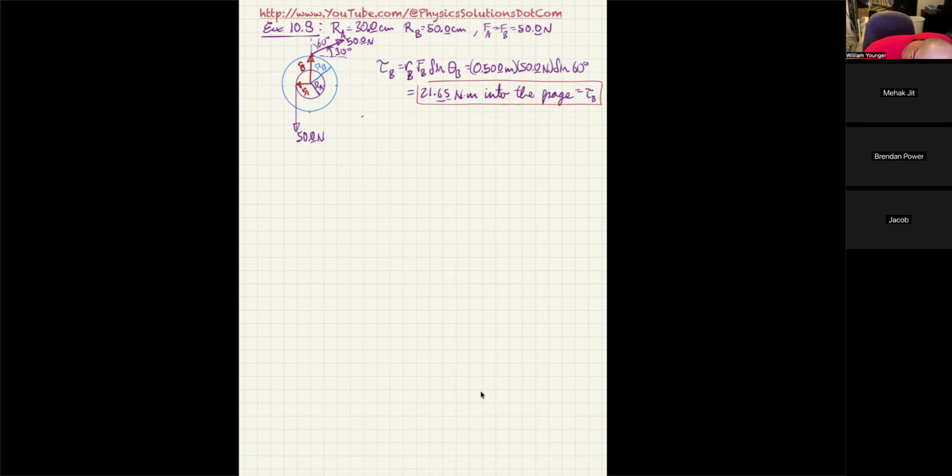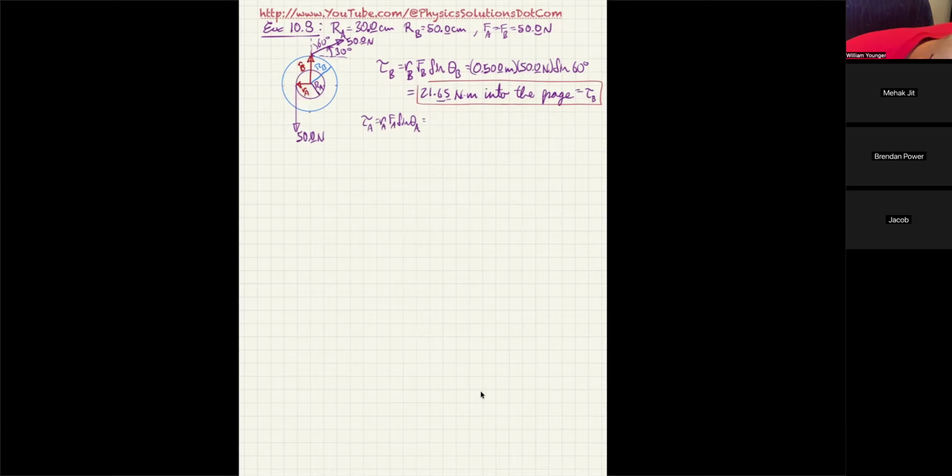Now we're going to say torque sub A is R sub A times F sub A times the sine of the angle between them, theta sub A. But you can see in this case, the angle between them is clearly a 90-degree angle. So sine of 90 is just 1, and that makes life a lot easier.